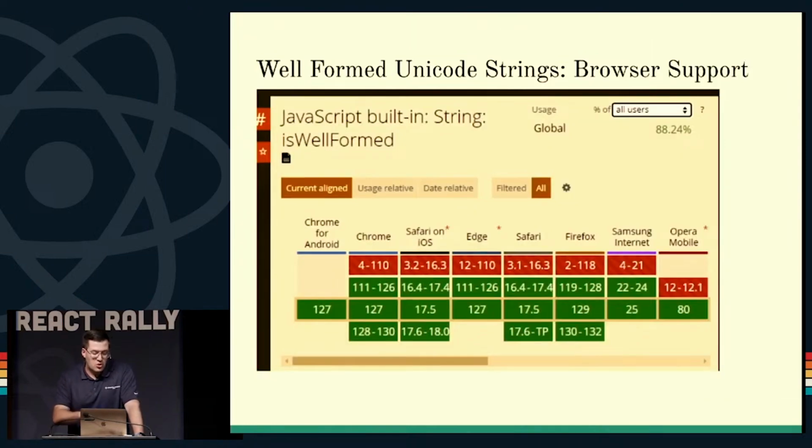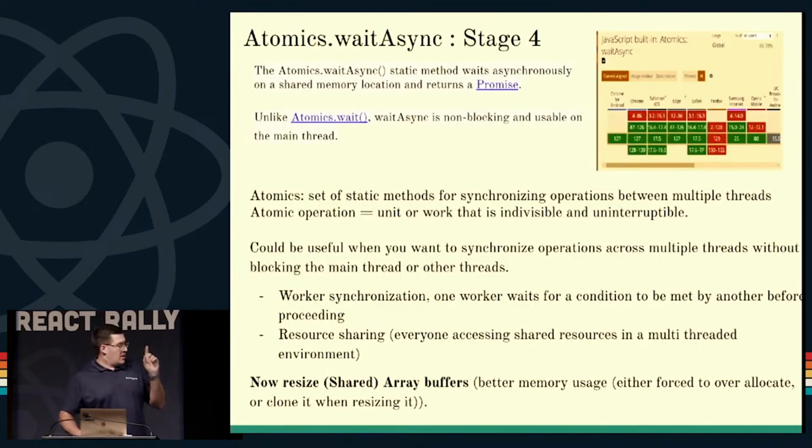So I'm going to show 2 examples of this. If you're not familiar, Can I use is great to see these different stage 4 proposals. Notice a lot of users on the web have access to this. It's in a lot of browsers, but it's always good to see who finished implementing different things in stage 4. A prime example is that even though Atomics.waitAsync is in stage 4, notice Firefox didn't get a chance to do it.